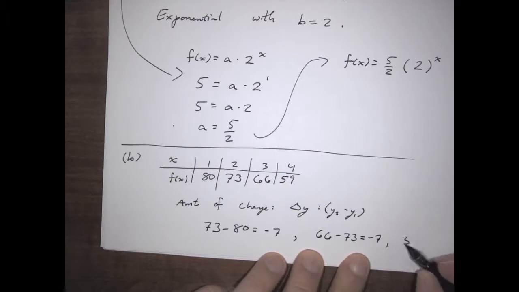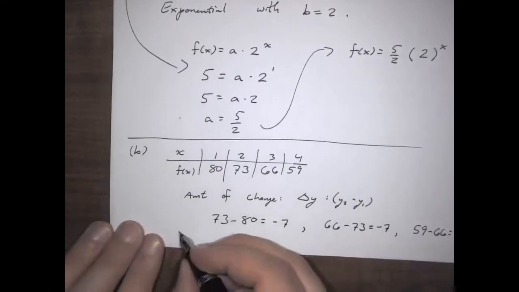And then 59 minus 66, which equals -7. So that means it is linear.